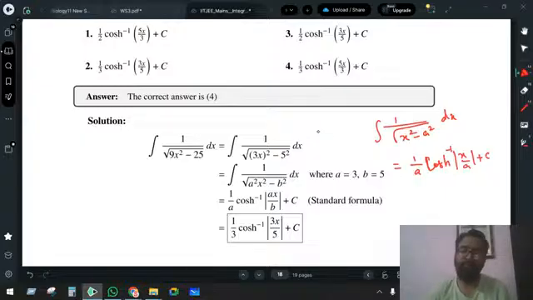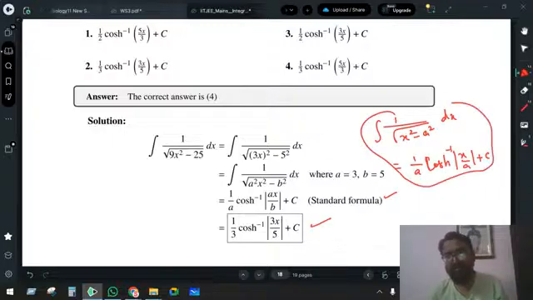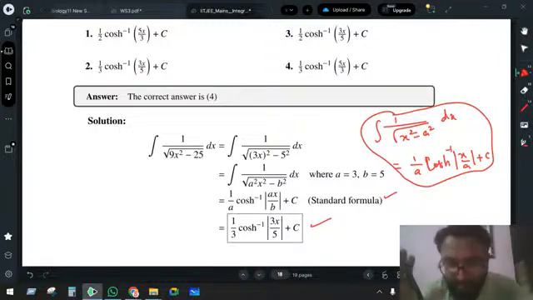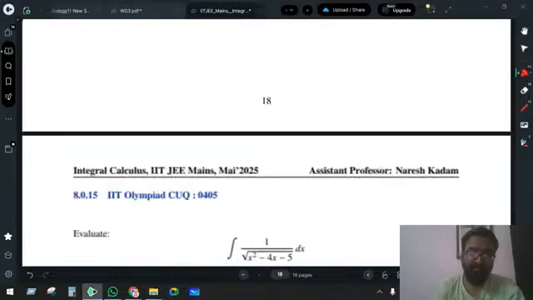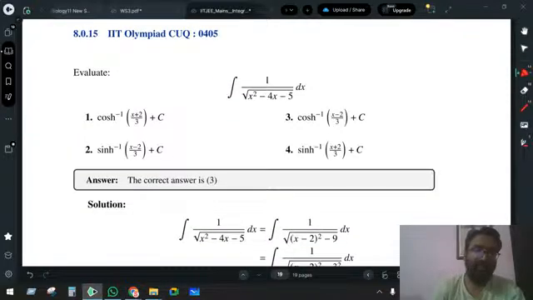This is the formula. So it is a standard formula. Just simply apply, you will get the answer. But you should remember this formula. So in the examination, without these formulas, can you attempt the question? Everything is most important.